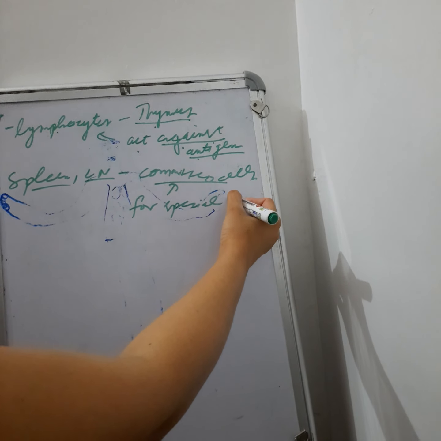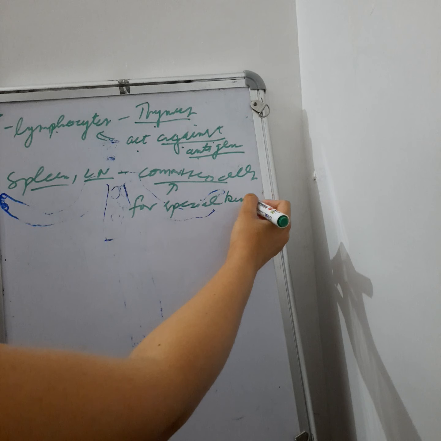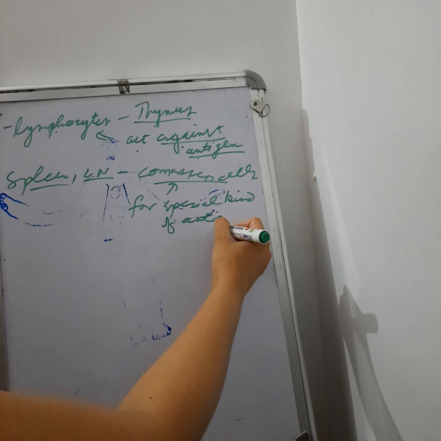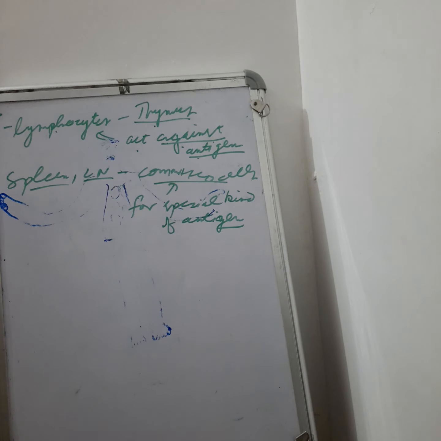For the special kind of antigen they react. This is the difference between the T cells that come from the thymus gland and the lymphocytes that come from the spleen and the other lymph nodes present in the body.